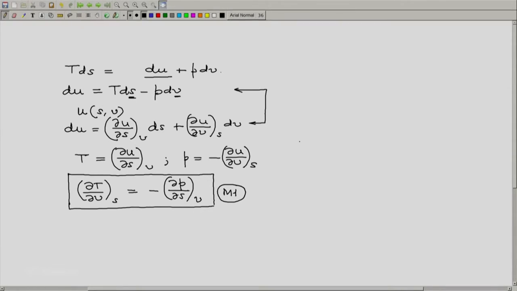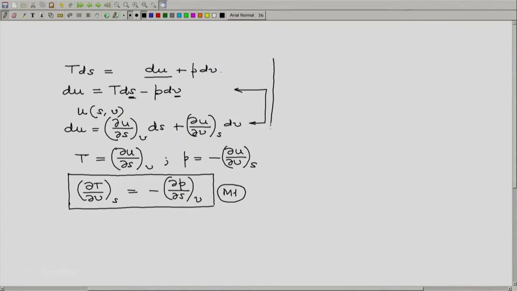Now before we proceed any further, let us note the following. Notice that here we have considered u as a function of s and v, and this triad of properties u, v, s is very important because any thermodynamic system should have a volume.